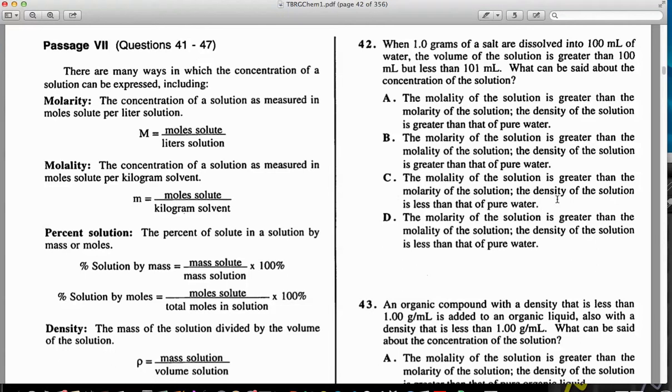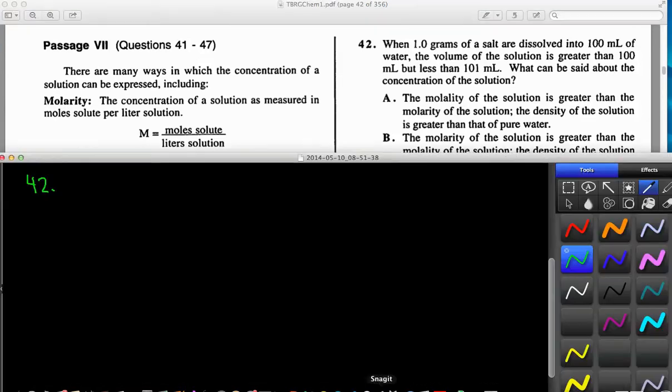So I guess what we should do is just plug in a couple of numbers here. Let's say we have 1.0 grams of a salt. Let's pick something real easy. Let's pick NaCl. NaCl has a mass of 58.5 grams per mole.